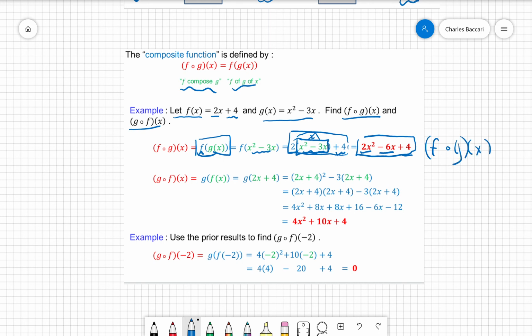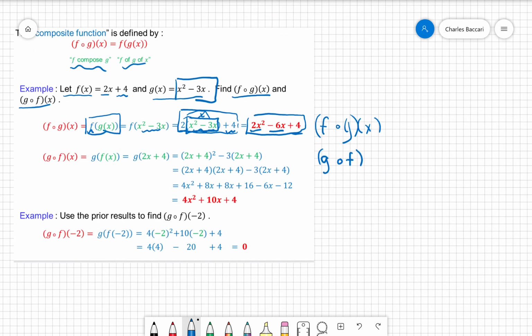Okay. Now similarly, we can do the same thing with g of f. We can use g as the template. Notice in this case, g is x squared minus 3x. And so when we go to fill in the template, we have g being x squared, so we're just going to put parentheses, squared, minus 3 times x, which is another blank, because we're going to put f wherever the x's are in g.